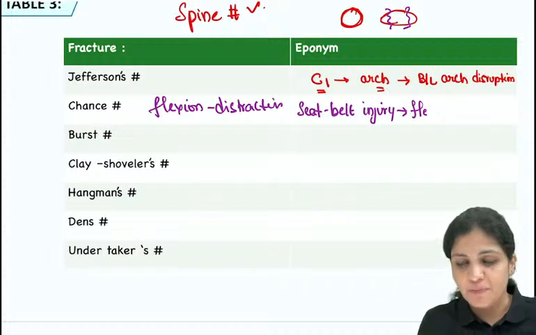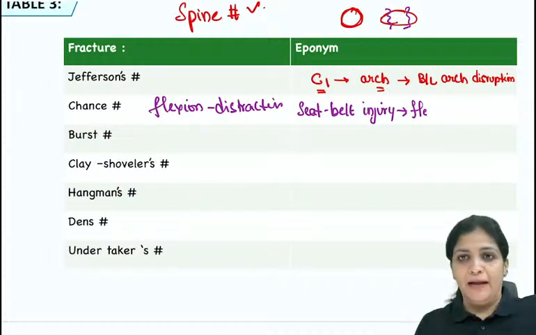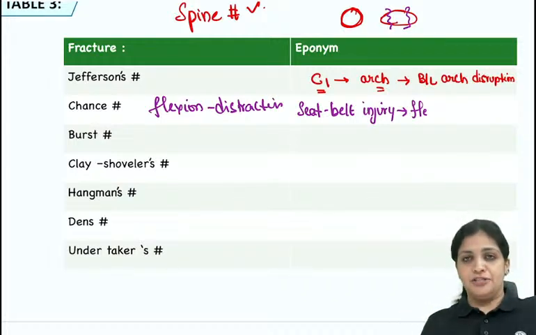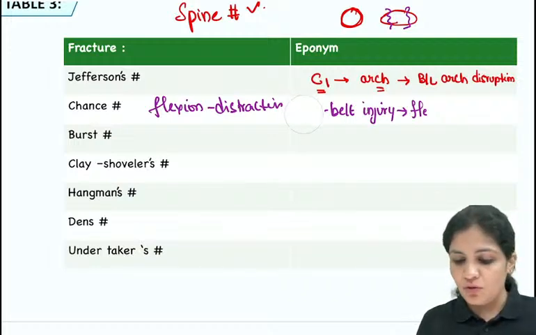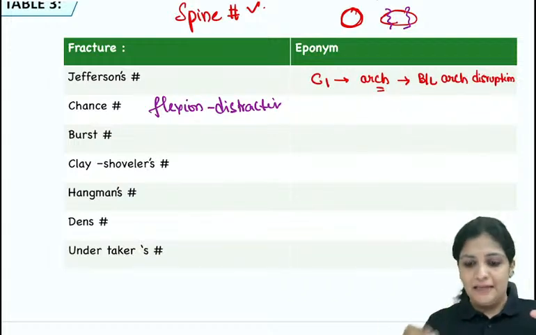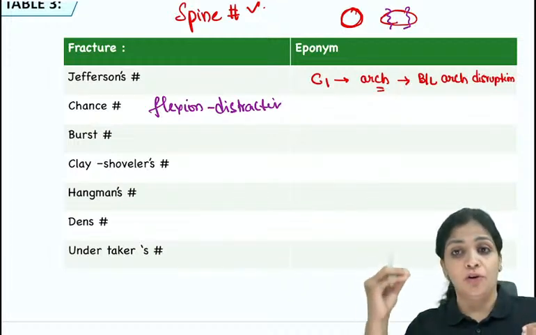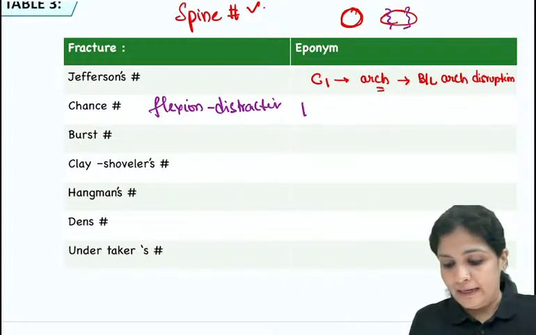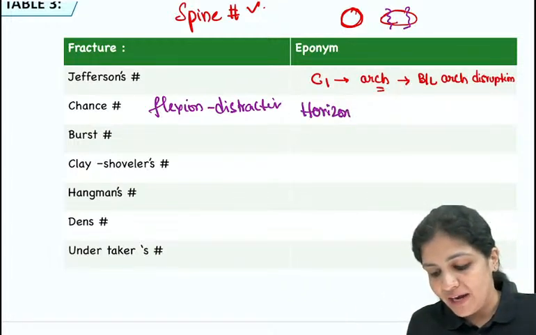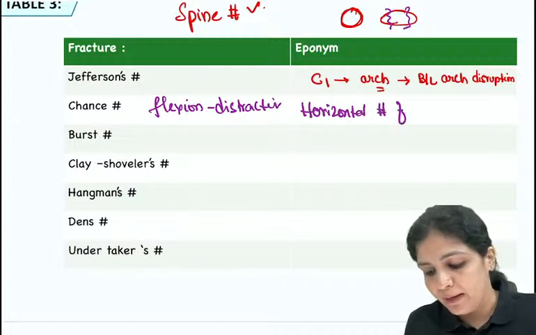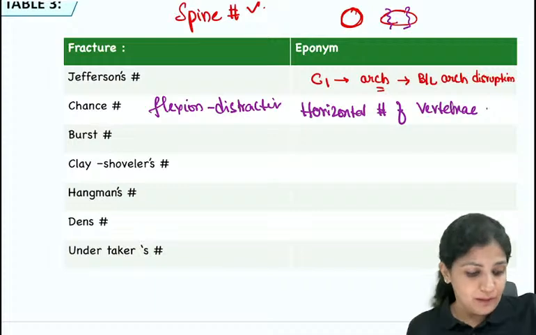So what happens is, because of that seat belt, flexion and distraction, there will be a grievous injury called a flexion distraction injury of the spine, which will result in a horizontal fracture of the vertebra.